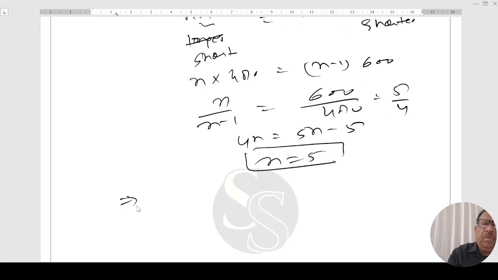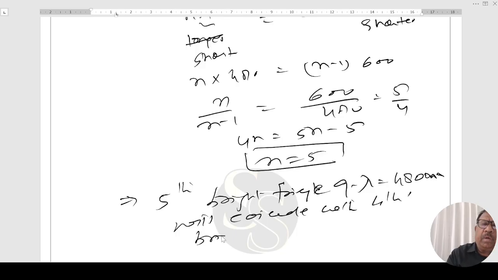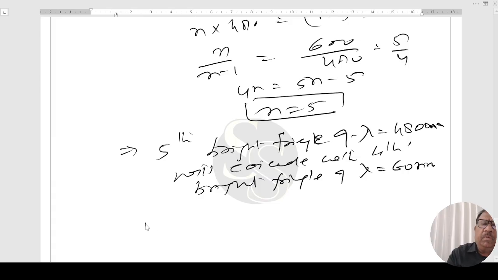This means the fifth bright fringe of wavelength 480 nanometer will coincide with the fourth bright fringe of lambda equal to 600 nanometer, and this distance would be x5, which is 5 into 480 D lambda upon d, with D upon d being 1 upon 1.